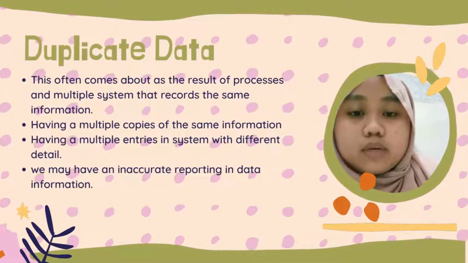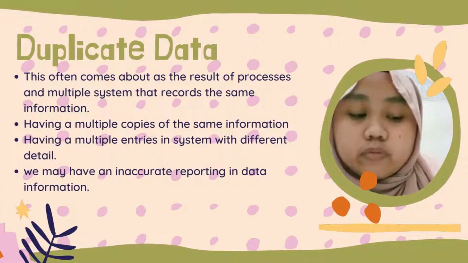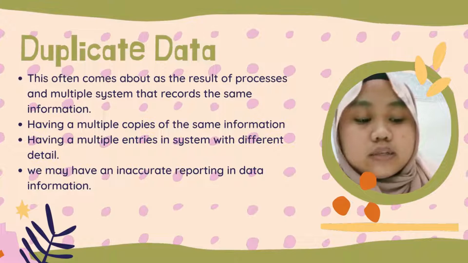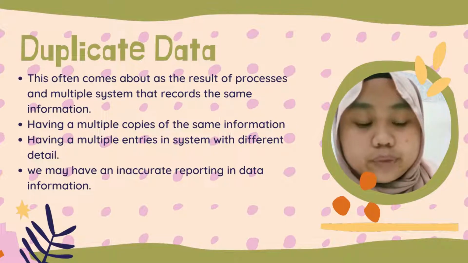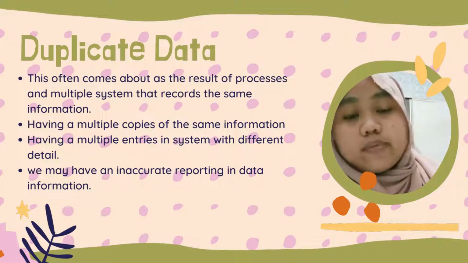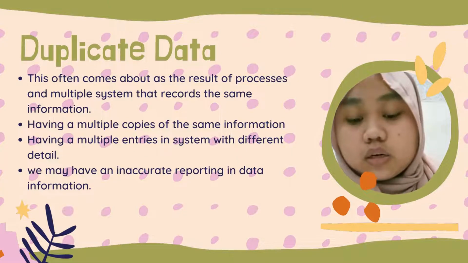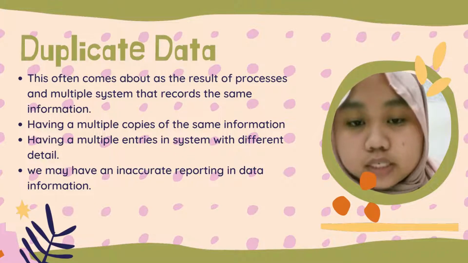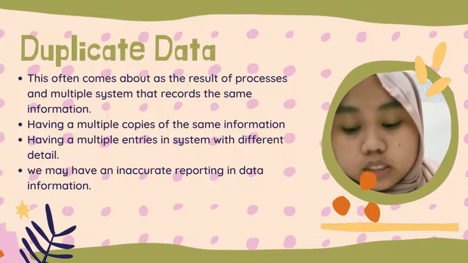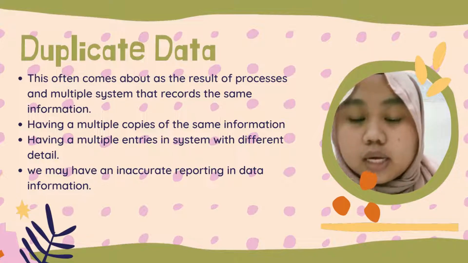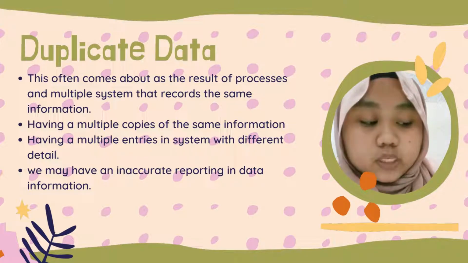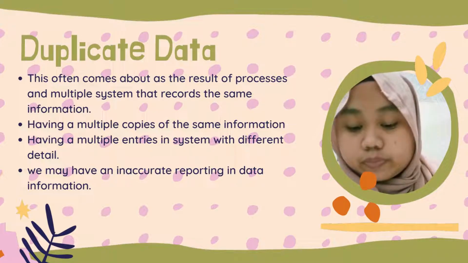A quality issue in the management of digital information is duplicate data. This often comes about as the result of processes and multiple systems that record the same information. This causes more and more data to be stored and recorded in digital information. Second is having multiple copies of the same information.